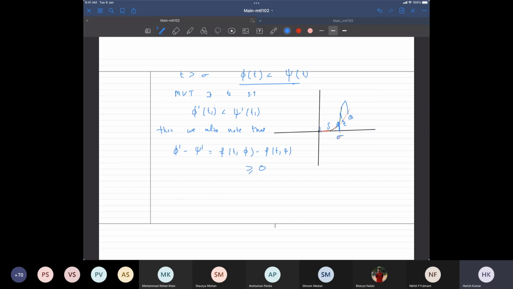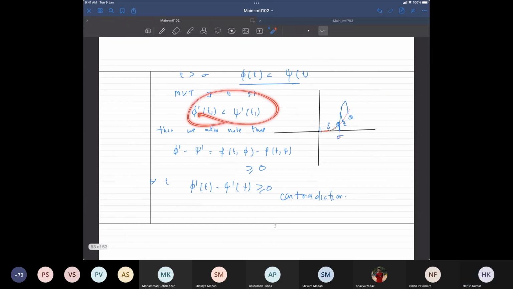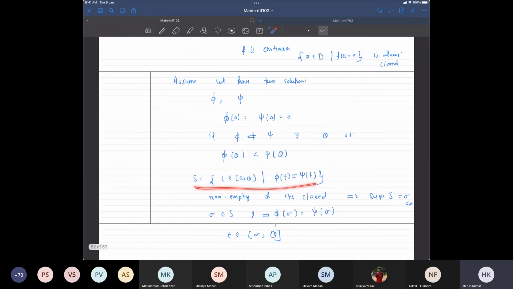So this means that for all t, phi prime t minus psi prime t has to be greater than or equal to 0, which is a contradiction, because by arguing that they are different functions, we got the opposite. So this can never happen. That means this set is the whole domain, or that means this theta does not exist.